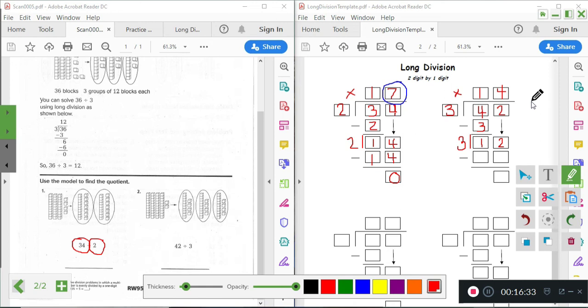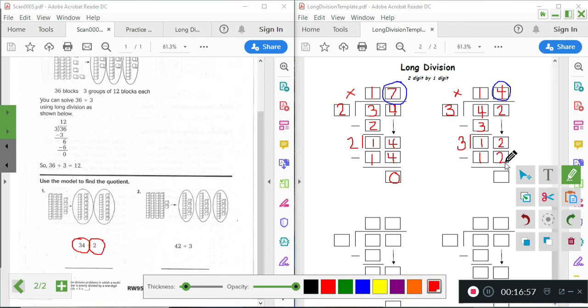Okay, now remember, just because you filled in these boxes up here does not mean you are done. You must still Mom multiply. And remember, we don't Mom multiply the whole 14. We only Mom multiply the new part of that answer. 3 times 4 is, great job, you're doing great. It is 12. Excellent work.